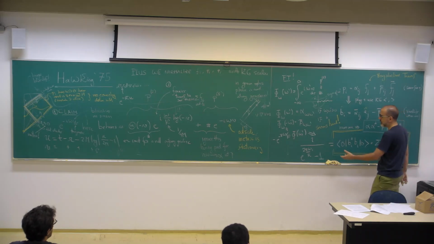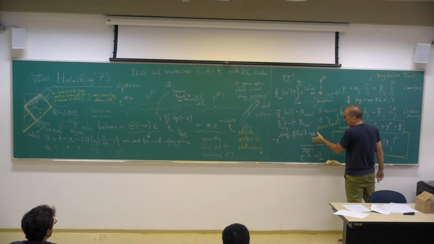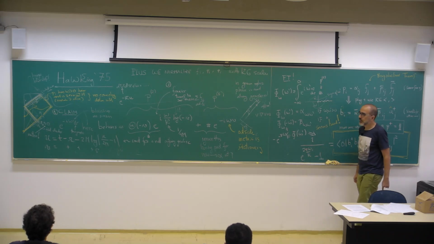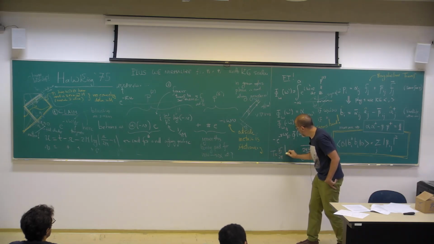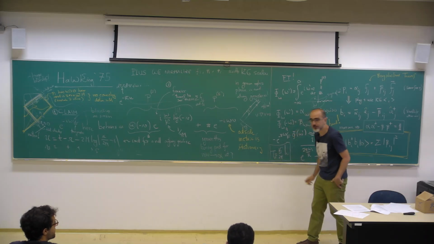And that is just the Boltzmann weight for a black body with a temperature given by kappa over 2 pi. So we just learned that the temperature is equal to kappa over 2 pi. And that's Hawking's temperature.